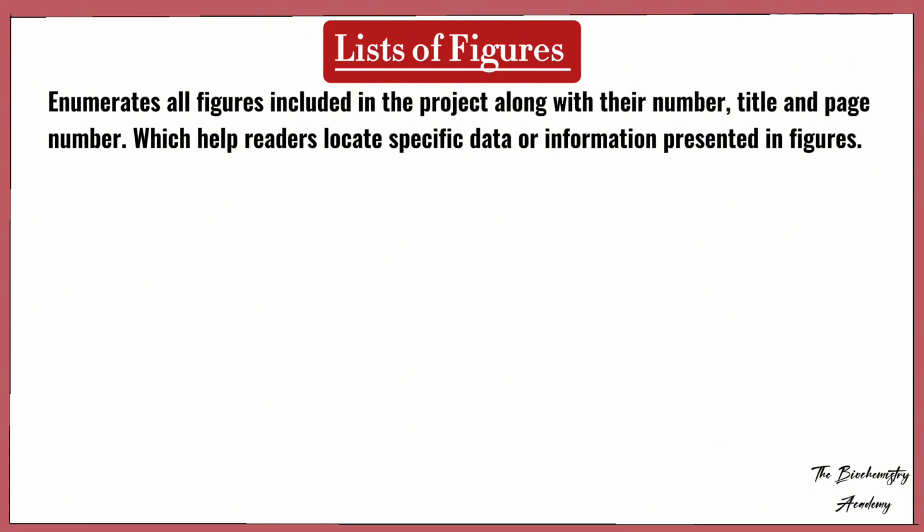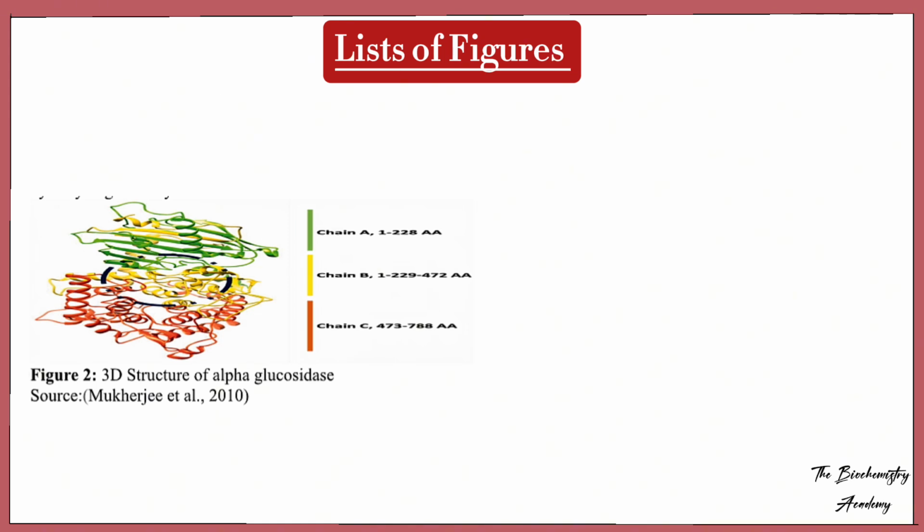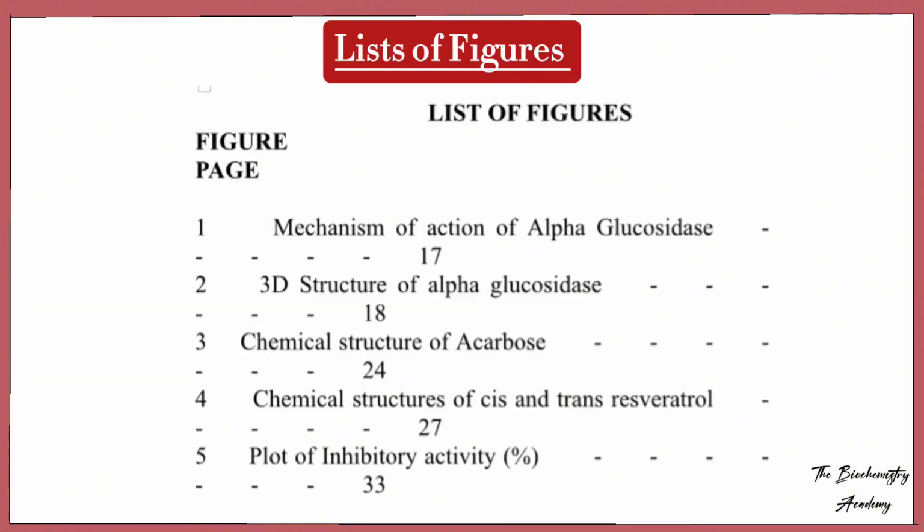For example, if there is a structure that is drawn in the project, let's say figure 1 can be structure of alpha glucosidase enzyme. Now, in the list of figures, it can be figure 1, then the title will be structure of alpha glucosidase enzyme, then with the page number. An example can be seen like this.